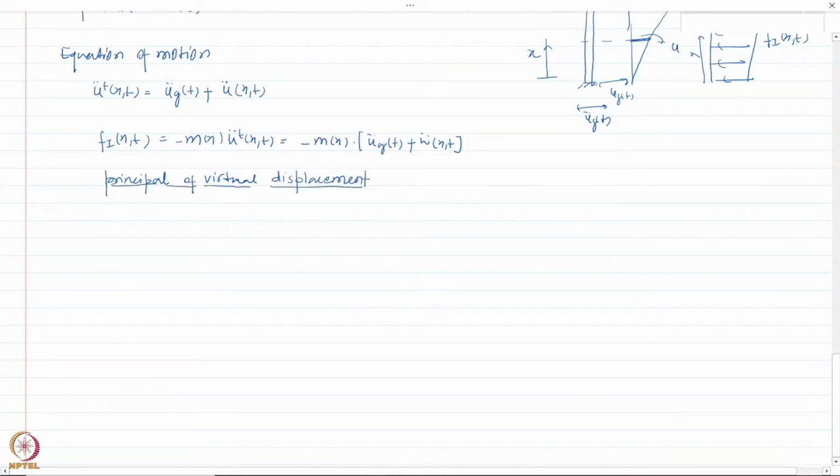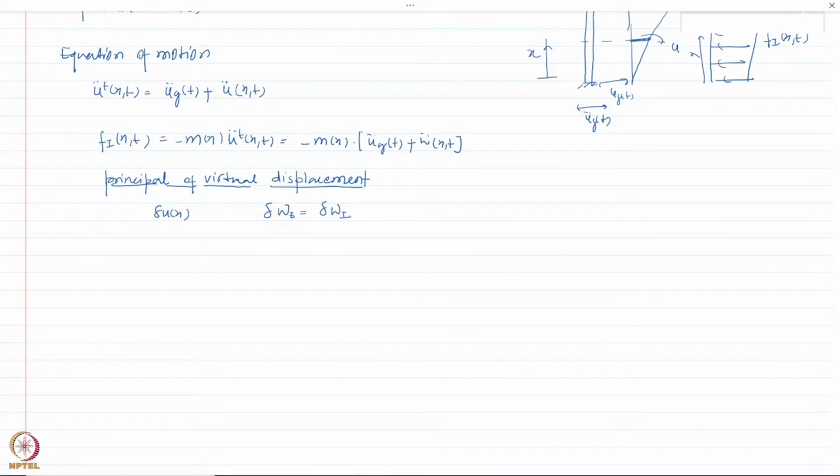Okay, now the principle of virtual displacement basically says if a system is in equilibrium and you apply a small virtual displacement, let us say del u of x, then the work done by the external forces due to this virtual displacement is equal to the work done by internal forces. Let me repeat it again.